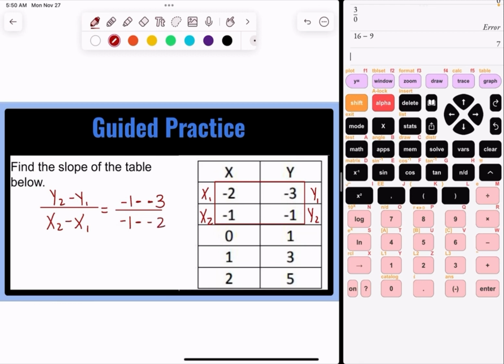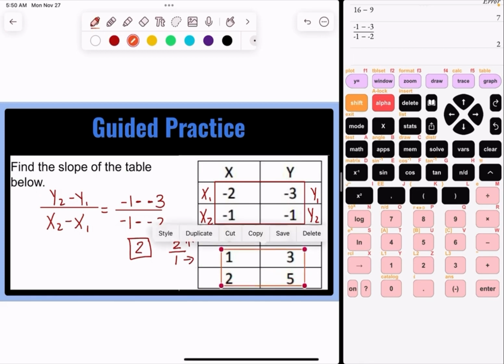Good, so now let's type this right in. -1 minus -3 over -1 minus -2. And the answer is 2. You can leave it as a fraction, 2 over 1, which would tell us we go up 2 and over 1. You could also use 2 different positive points. We could use these points.